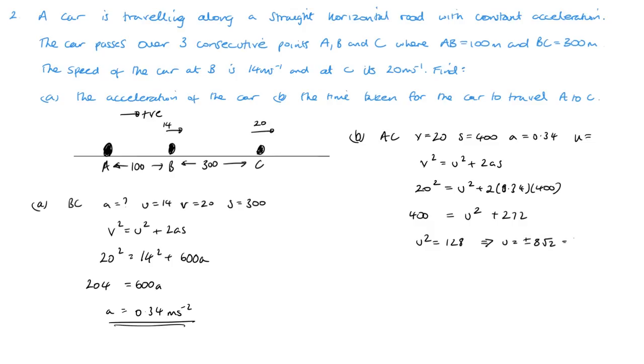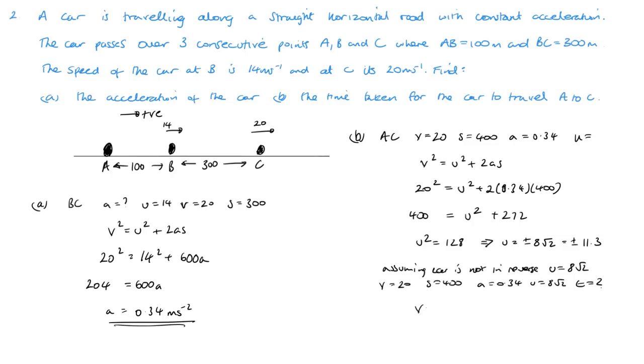Which is 11.3. So now assuming the car is not in reverse, u equals positive 8 root 2. So now we can use v equals 20, s equals 400, we've got a equals 0.34, and we've got u equals 8 root 2, and we want to find t.